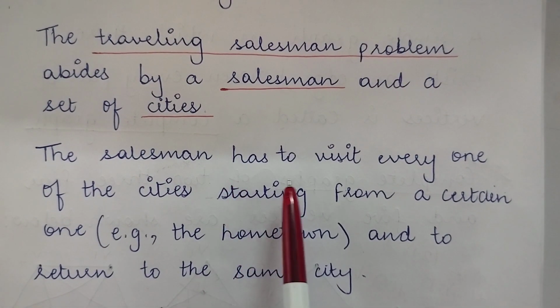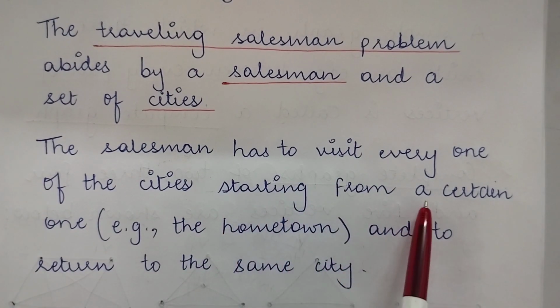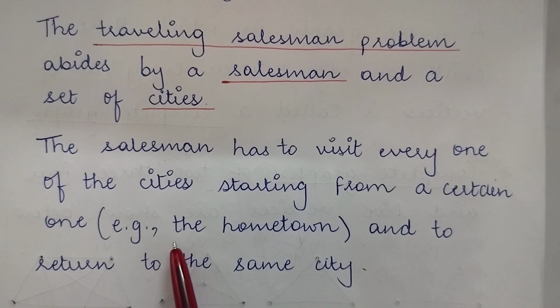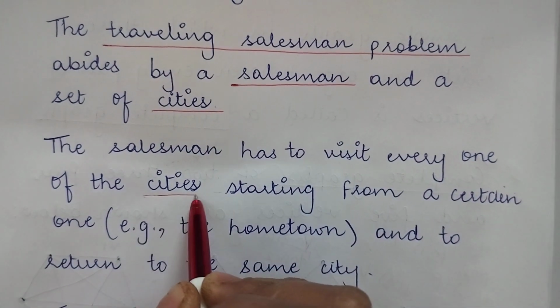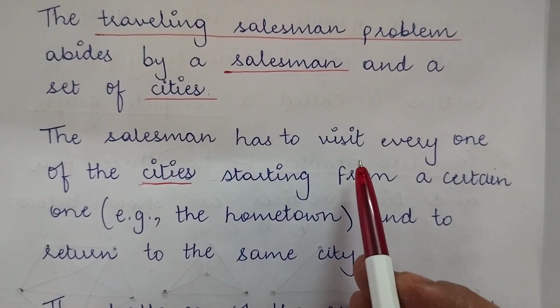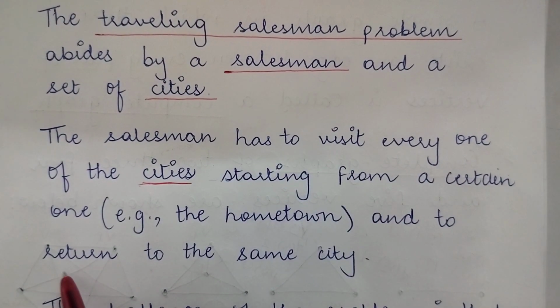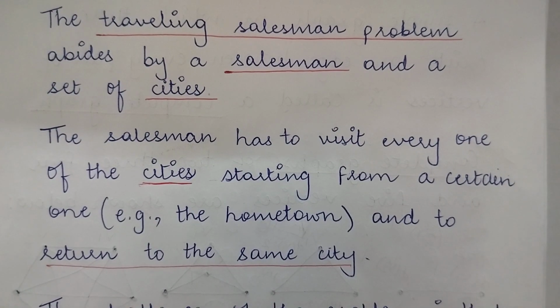Now this salesman, as I said, has to visit every one of the cities starting from a certain one, which is obviously his hometown or any certain city. So the salesman starts from one particular city, and then he has to return to the same city after reaching its destination.